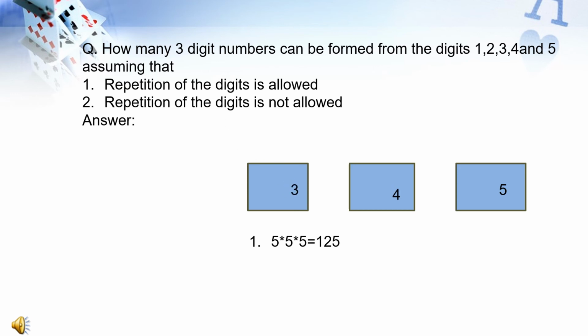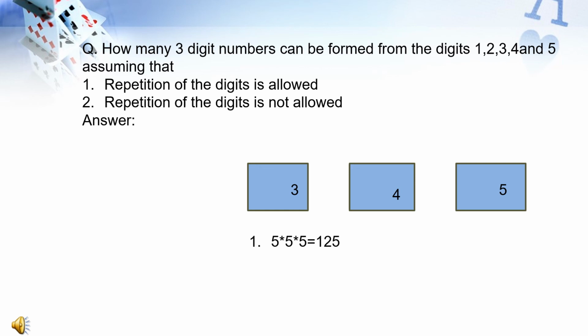To fill the ones place we have 5 choices, which can be done in 5 ways, but to fill the tens place we are left with 4 choices, because one number from these 5 digits we have filled in the ones place. So now there are only 4 numbers left from which we can fill our tens place.